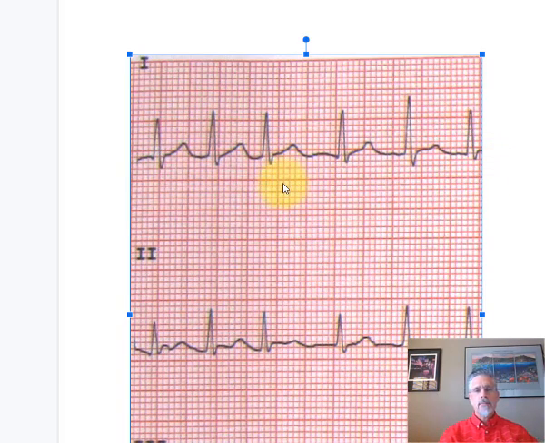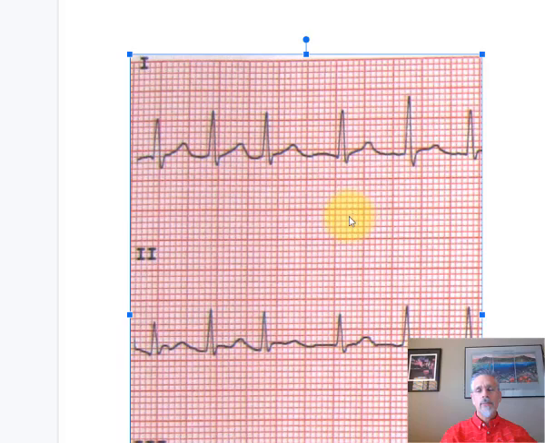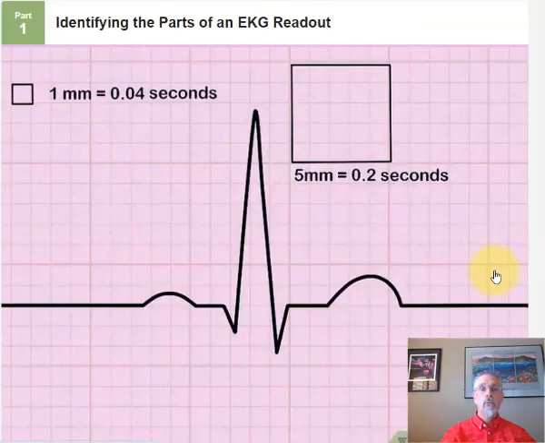For instance, we can see examples of definite QRS waves. We can see some T waves, and then there are going to be smaller P waves as well. These are a little bit different because we were trying to show you some cases where an ECG output might be a little bit odd. Let's switch over to an example normal one.